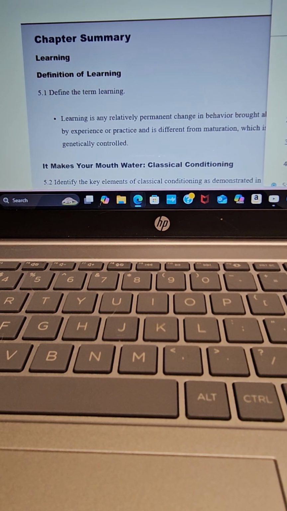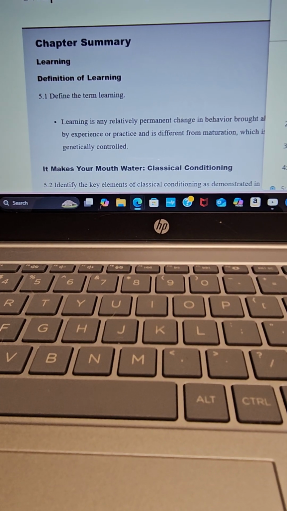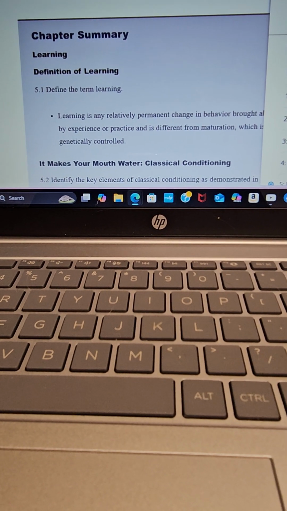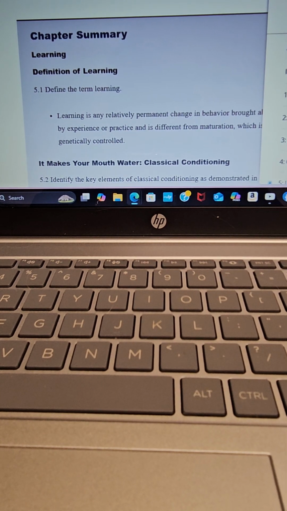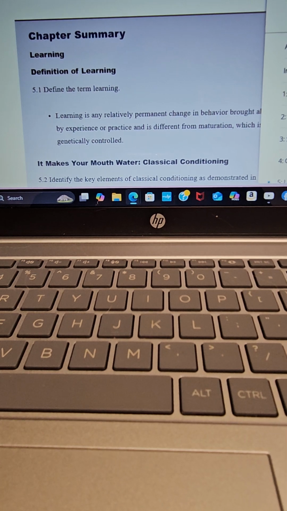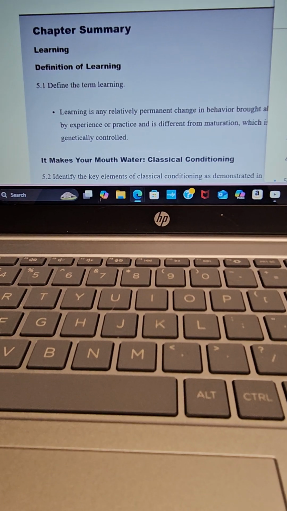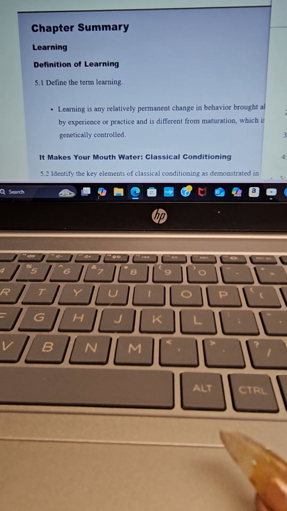He called this classical conditioning. The unconditioned stimulus, UCS, is the stimulus that is naturally occurring and produces the innate or involuntary unconditioned response, UCR. Both are called unconditioned because they are not learned.